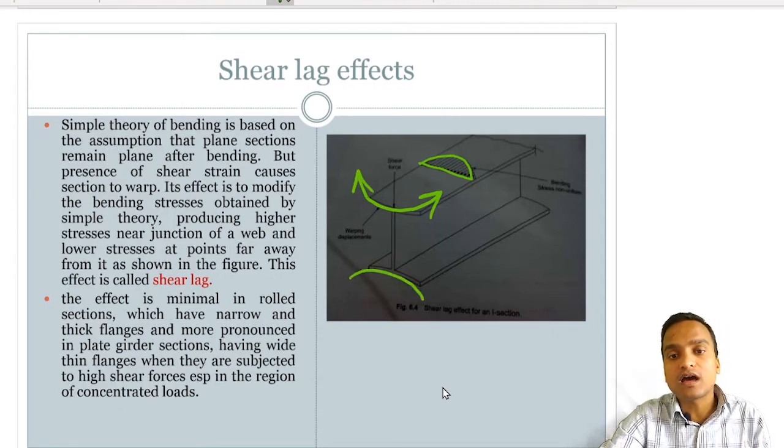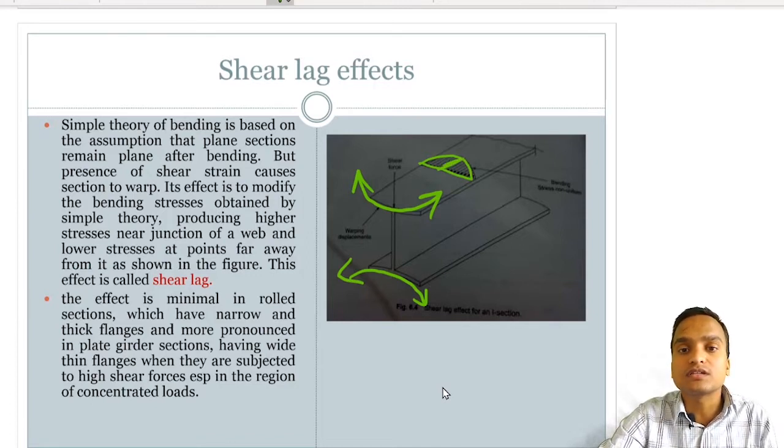Now the flanges are not simple planes here, they have already bent, and due to this the bending stresses obtained by simple theory produce higher stresses near junction of a web.